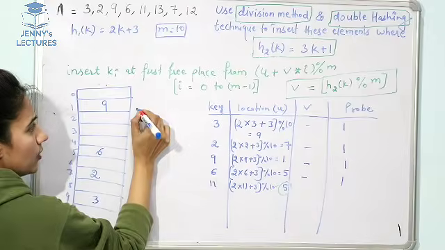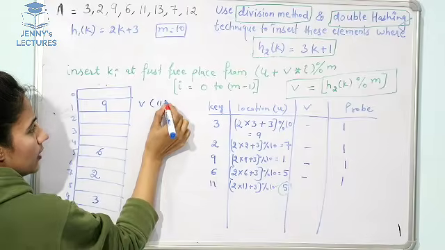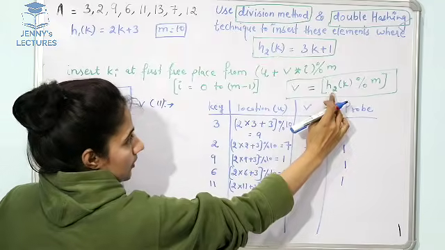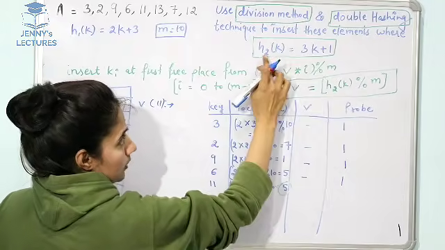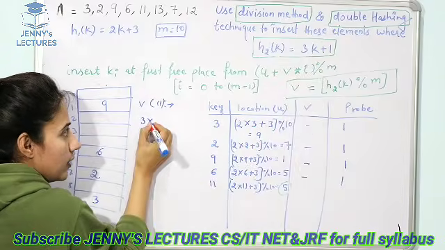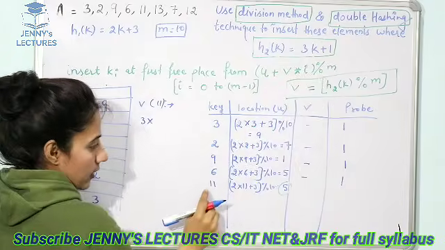Calculate value of v for 11. What would be the value? See, h2(k) is what? 3k plus 1. 3 into, what is value of k?